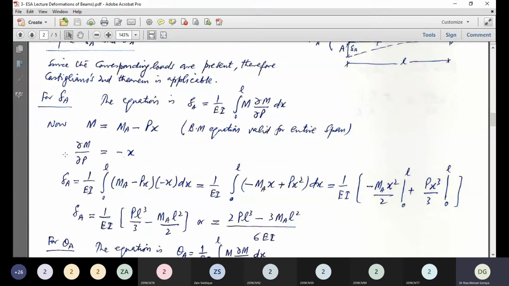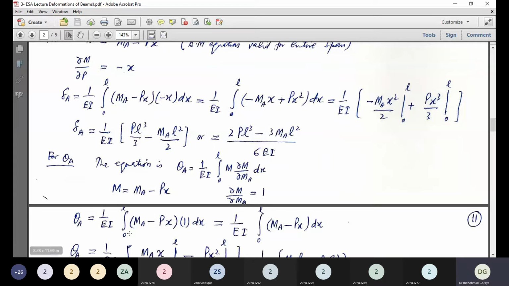Only this second term will change because theta, the corresponding load to the theta A is MA. So M is same. Its partial derivative with respect to MA is 1 because we will consider the first term only. So its value is 1.